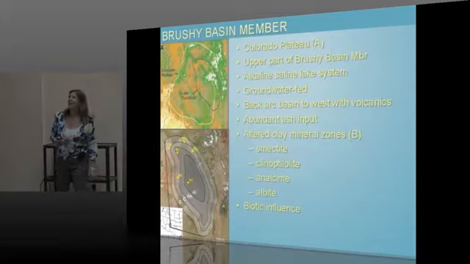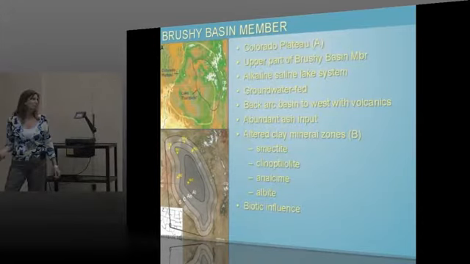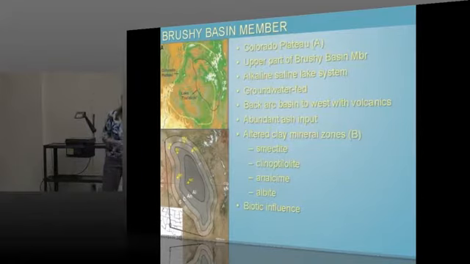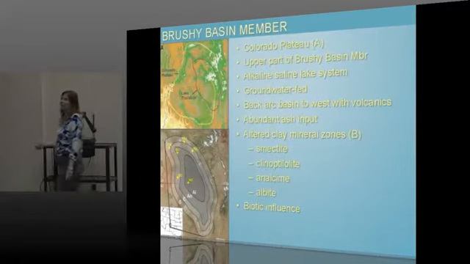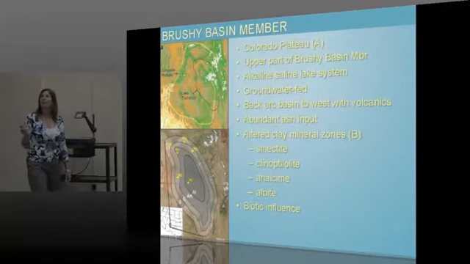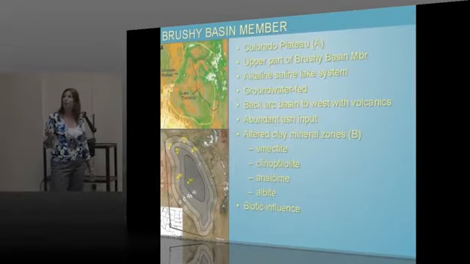And then the Brushy Basin member of the Morrison Formation, those are the Jurassic rocks I'm looking at. These were deposited, as I've said, in an alkaline saline groundwater-fed system that's centered on the Four Corners region of the Colorado Plateau. So here's Colorado, New Mexico, Arizona, and Utah.